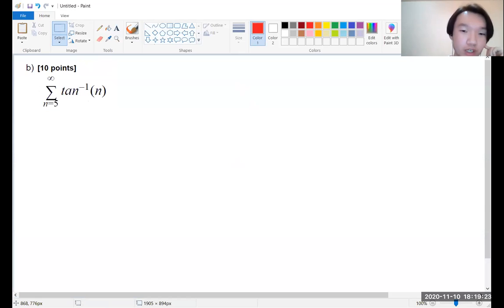Here's part B. Same directions. We want to figure out whether this is convergent or divergent. So we have arctan of n. Who has any ideas here?